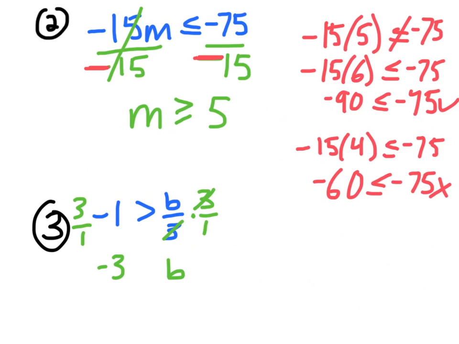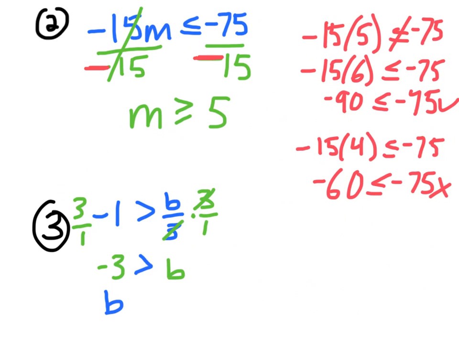Now be careful here. Since we did not multiply or divide by a negative on both sides, even though I see a negative number here, that wasn't part of the inverse operation. So I keep the symbol exactly like it was, and I bring it down. So I have negative 3 is greater than b. Our final step is always to simplify it so that the variable comes first.